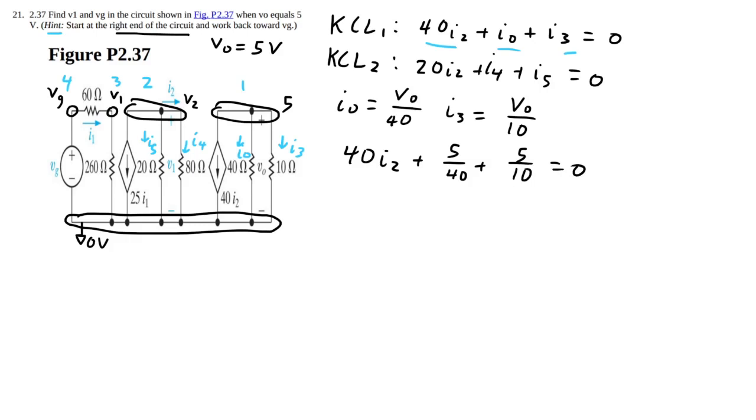So 5 divided by 40 plus 5 divided by 10 is 5/8. So we're going to subtract 5/8. Then we're going to divide by the 40 in front of I2 to find I2. So I2 is going to be divided by 40, 1/64th, I think.